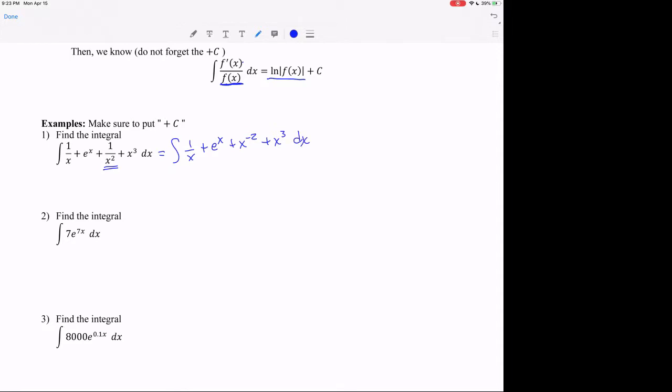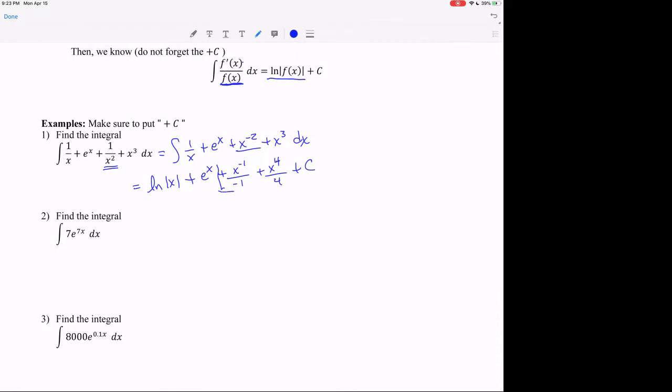Now I can integrate. So I'm going to get ln absolute value of x, plus e to the x. Here, I'm going to add 1. So that's x to the negative 1 over negative 1 plus x to the fourth over 4 plus c.